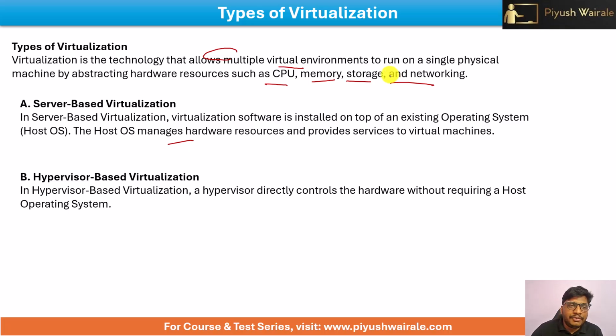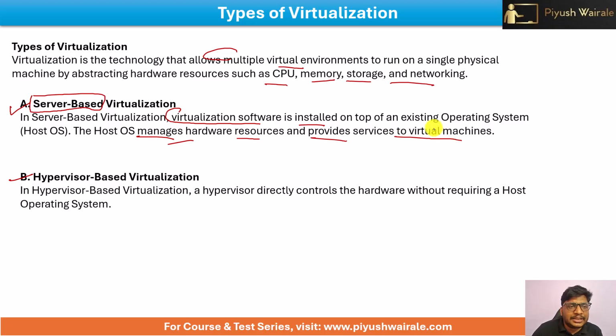But if you see here, we have two different types of virtualization. First one is server-based virtualization. Second one is hypervisor-based virtualization. As the name suggests, server-based virtualization. So what happens in this case? Virtualization software is installed on top of the existing operating system, that is the host operating system, and the host manages hardware resources and provides services to a virtual machine.